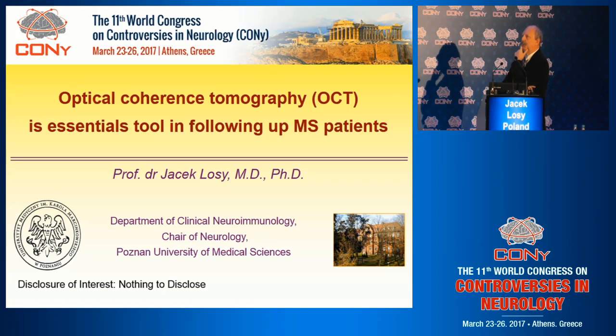It's one of the tools we can use in monitoring MS patients, especially taking into account the complex pathology of MS, including inflammation, demyelination, and neurodegeneration. So this is my position. Thank you very much.